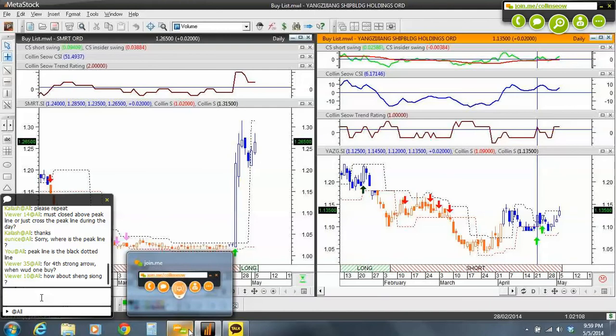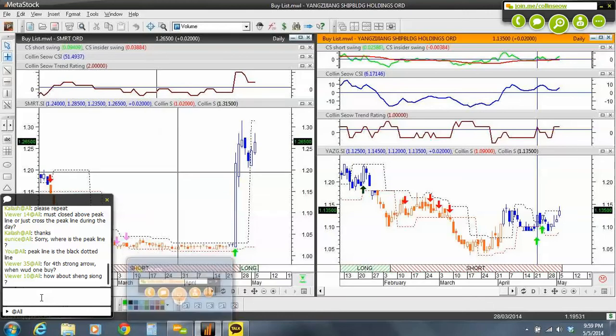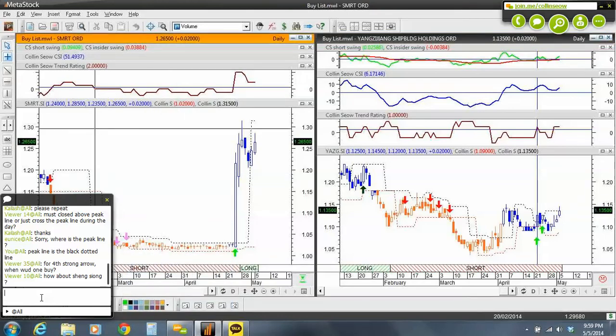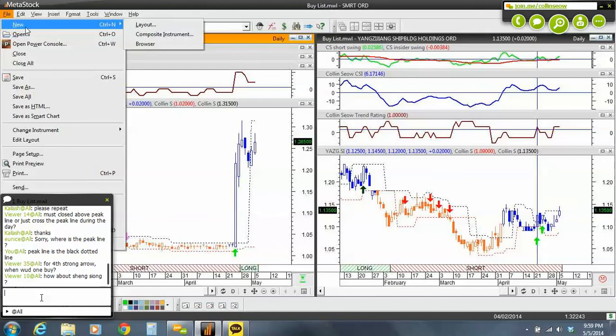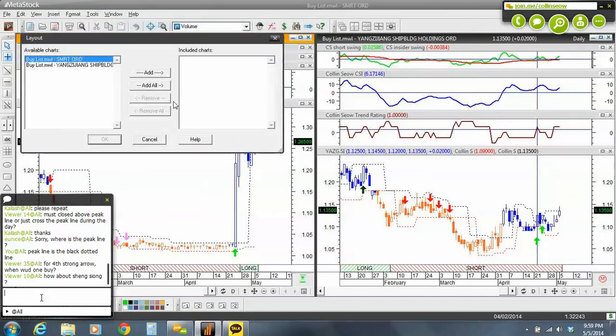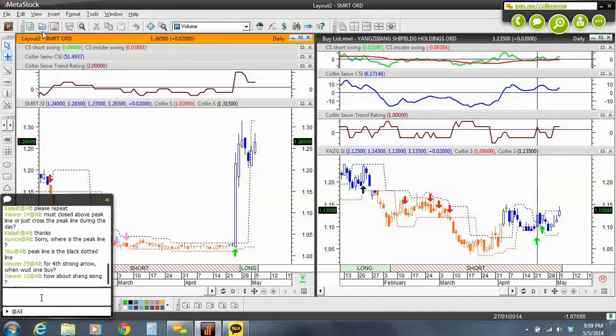Any question? So once you decided, okay, I want to buy the stock, you key into the system to buy, let's say SMRT, bought the stock already. After that, now the stock is in your portfolio list, on your buy list, right? So what you do is you go to File, New, Layout. Let's say you bought SMRT, you put SMRT into the new layout, called layout 2.